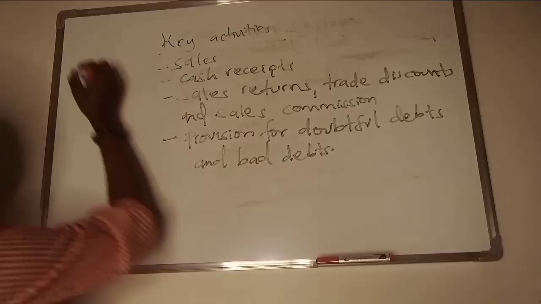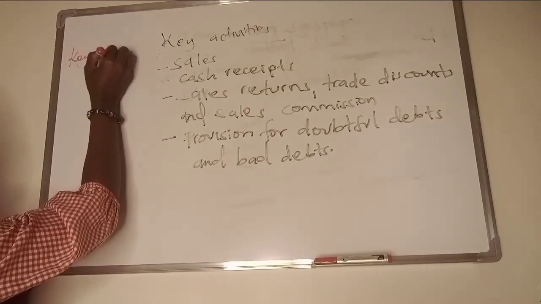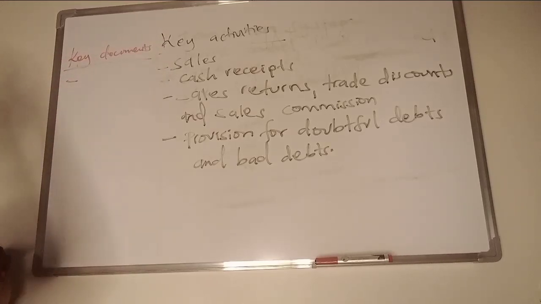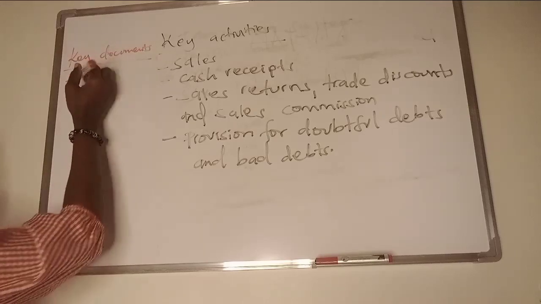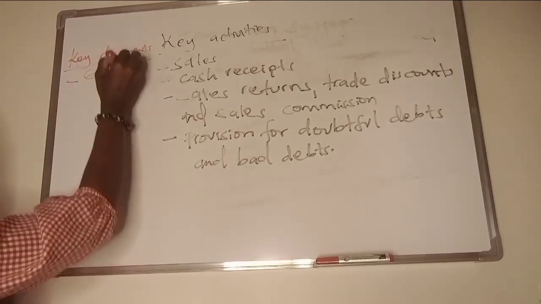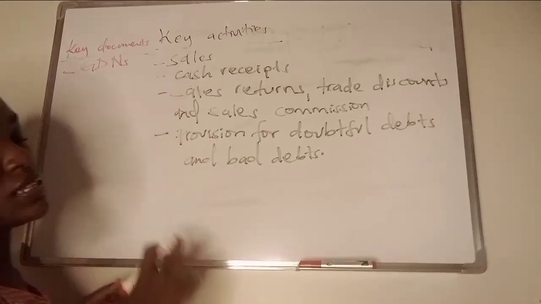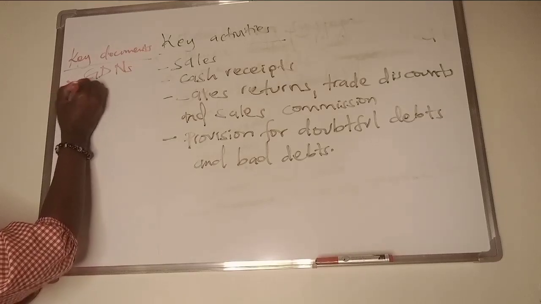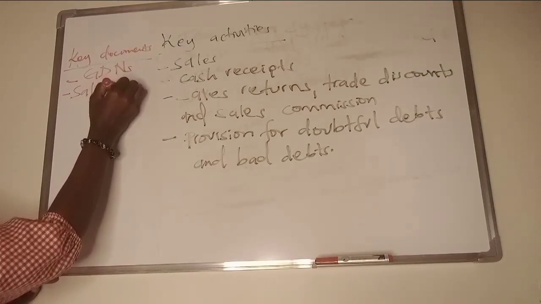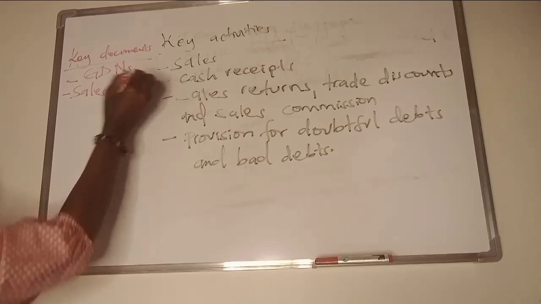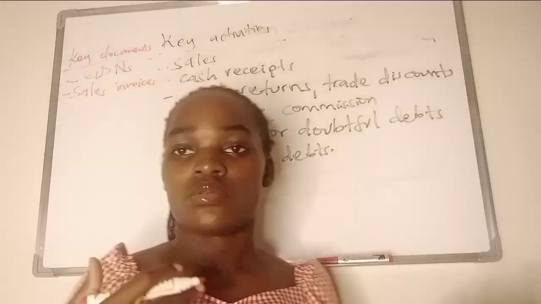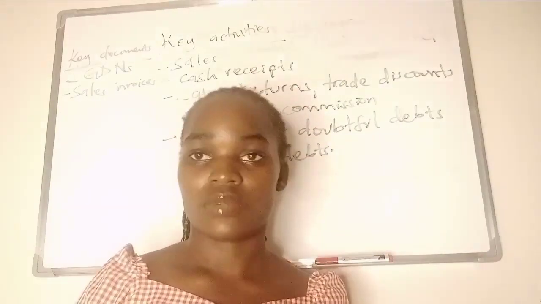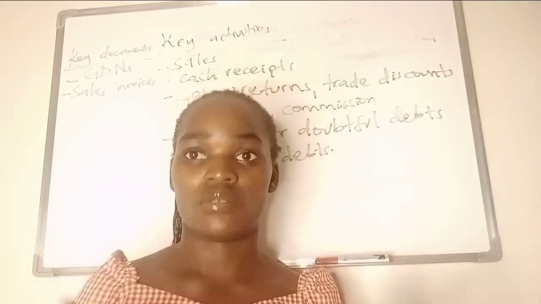So let's look at the key documents in the sales system. First of all, we have the goods delivered notes, GDNs, that show that goods have been delivered to customers. Then we have the sales invoices, which are sent to customers who bought on credit, to remind them that they are supposed to pay for the goods.